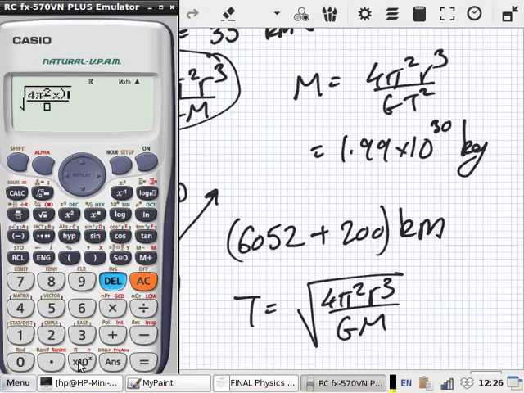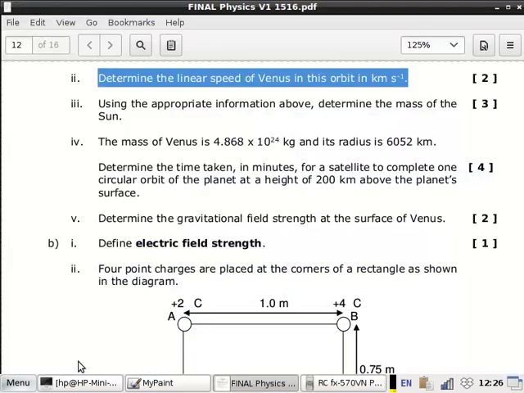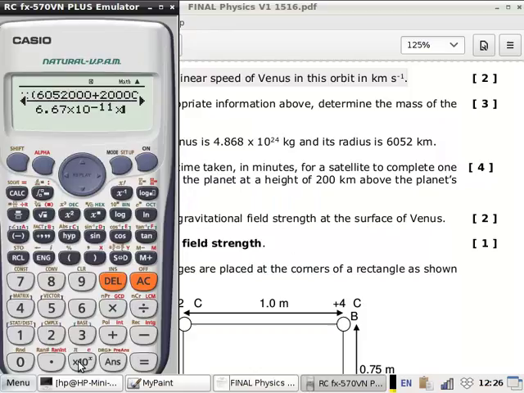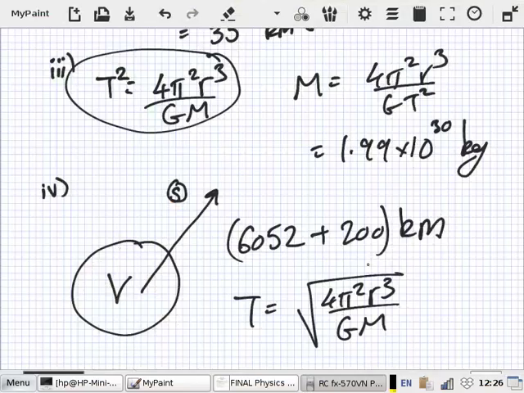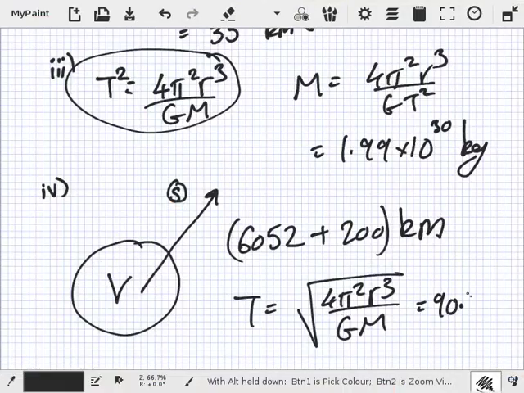Times, what was the radius? 6052,000 plus 200,000, 6.67 times 10 to the minus 11, and the mass is 4.868 times 10 to the 24. So the time, this is in seconds. Divide by 60. 90.8 minutes.